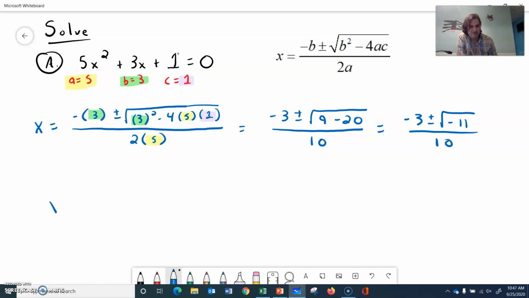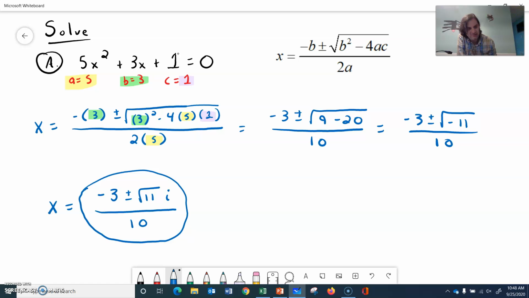So the main problem here is that we've got down to the square root of negative 11. 11 doesn't break down at all, but we can't leave that negative in there. So we will pull it out as an i, and we will have negative 3 plus or minus the square root of 11 i on the outside all over 10. There is no reduction left for that problem.